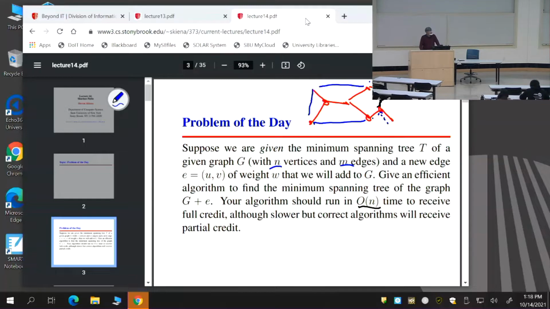Okay, and what are you going to do with that? Find the maximum weight edge there. Okay, and what you're telling me is you want to delete the largest weight edge of these blue dotted edges.